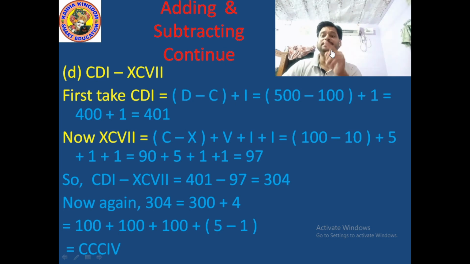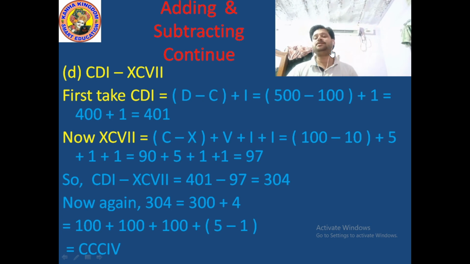So 100 minus 10 equals 90, 90 plus 5 equals 95, 95 plus 1 equals 96 and 96 plus 1 equals 97. Okay, so you have to subtract 97 from 401.